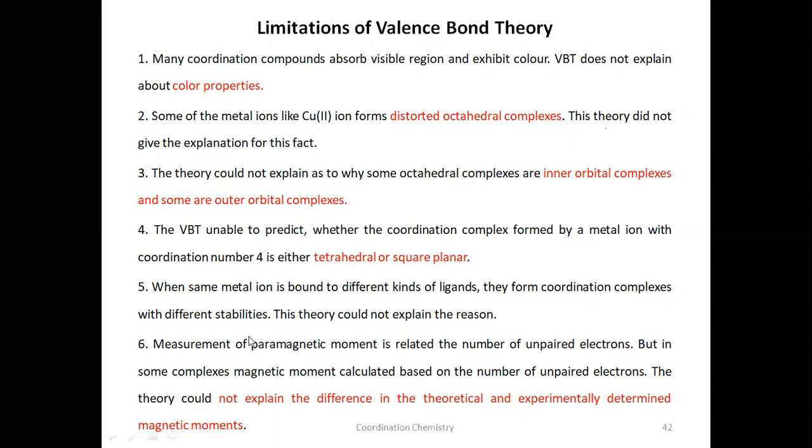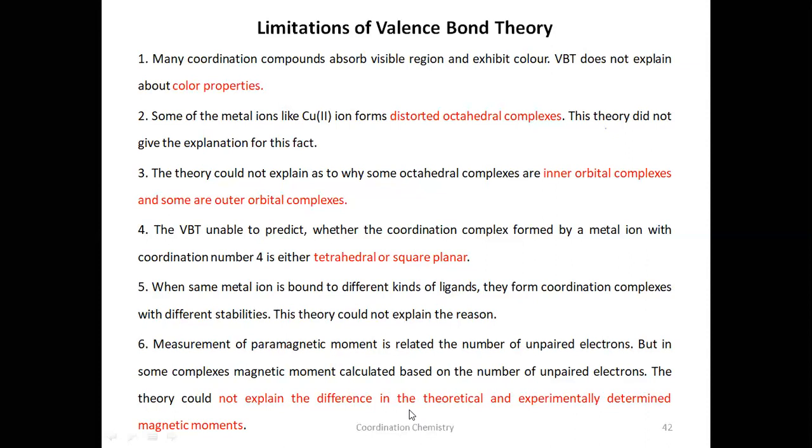Also the stability of the complexes, the most important aspect for complexes: this theory could not explain the stability of the complexes. It was also observed that in this theory the magnetic moment is calculated using the formula square root of n(n+2). Theoretically, depending on the number of unpaired electrons, the theory tells whether the complex is paramagnetic or diamagnetic.